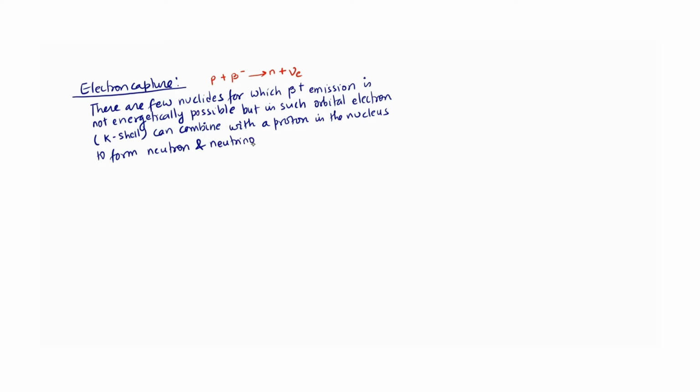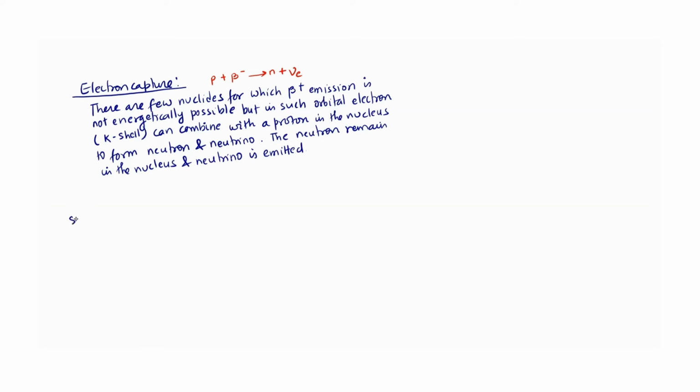The neutron in electron capture remains in the nucleus and neutrino is emitted. So we have this in electron capture.